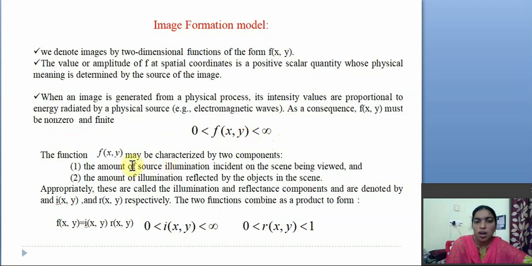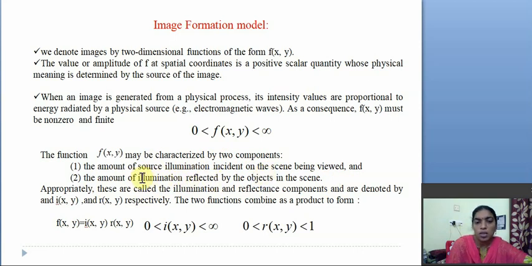So this function f of x comma y may be characterized by two components. One is the amount of source illumination incident on the scene being viewed, and the second one is the amount of illumination reflected by the objects in the scene. Understand this one? f of x comma y depends on two things. The first one is the amount of source illumination incident on the scene being viewed.